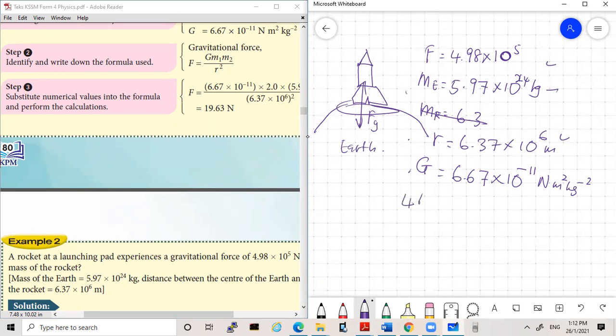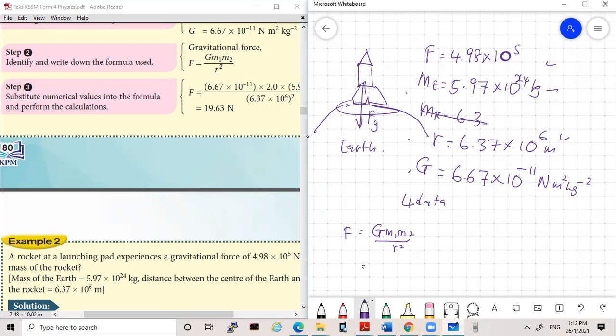4 data. And the formula involved is, always write the formula. So first write the formula: F equals GM1M2 divided by R squared.